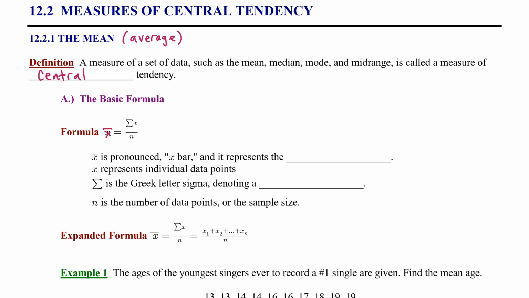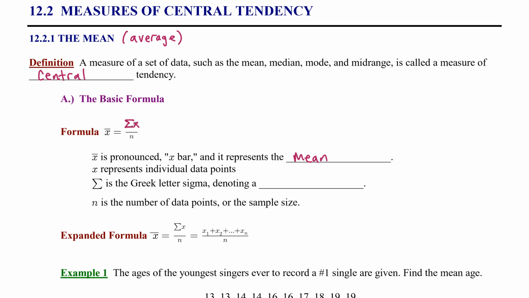X bar, the X with the line on top of it, we normally pronounce that X bar, represents the mean. This is equal to, now over here, I've got this capital Greek letter sigma, and I have an ordinary X without the bar. Now, the X represents the individual data points. Those are the things that I'm going to be adding up.